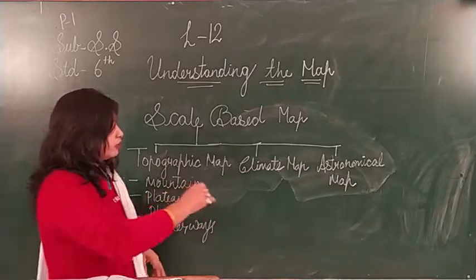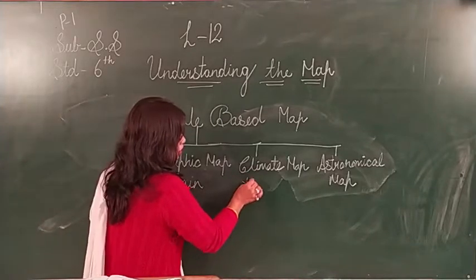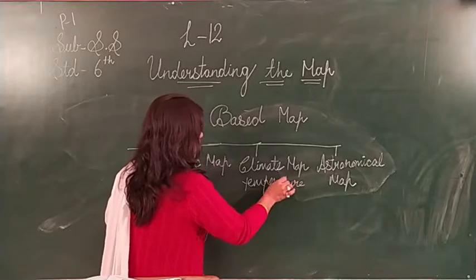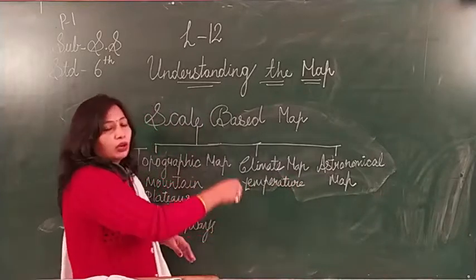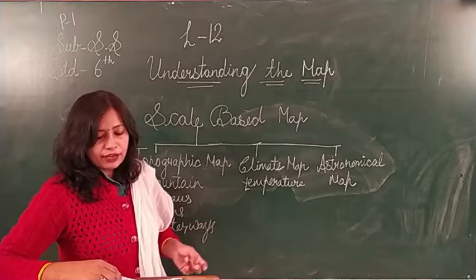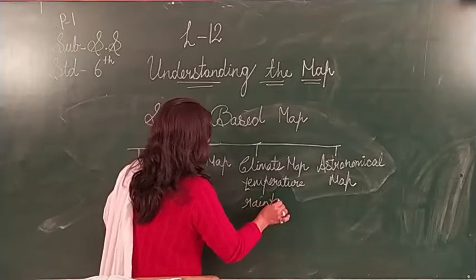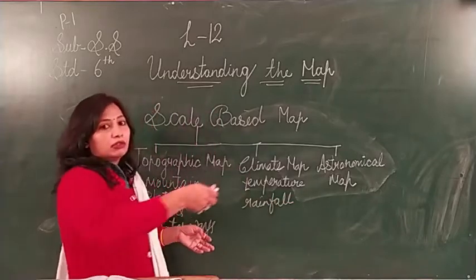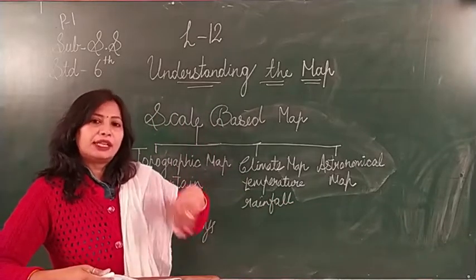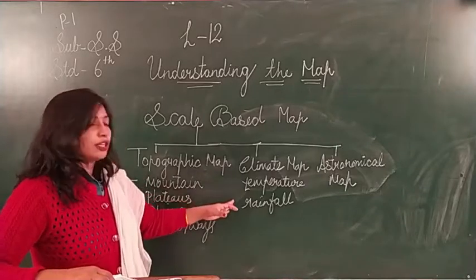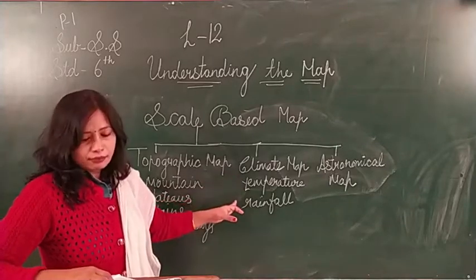You will see information about how much the temperature is, and like that. Then rainfall, like in this area today rainfall is more or less. Now the rain is going to start, and it will rain more here. So all this information we get from the climate map.